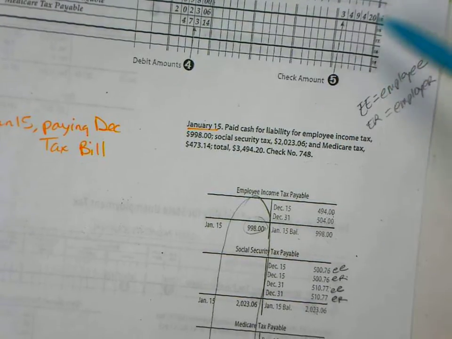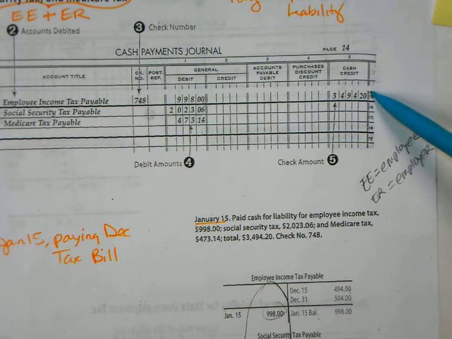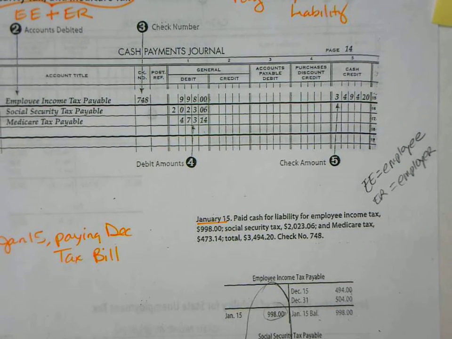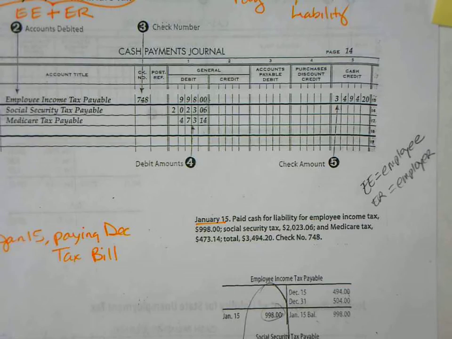And then there's the total cash credit. Okay? So did you see how we recorded it in the first one? We recorded it in the second one, and now we're paying it. Okay. Even though we paid something on the first one, we weren't paying these, right? We were just paying the employees their check. Okay?